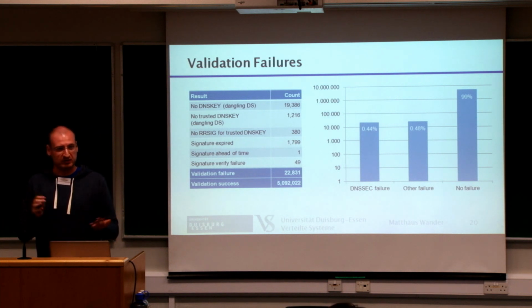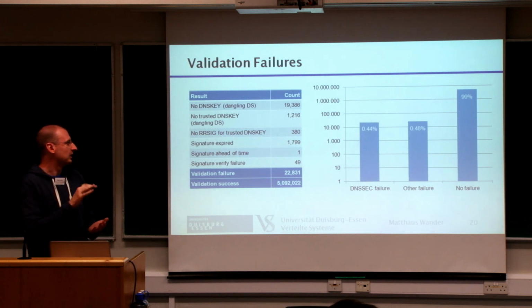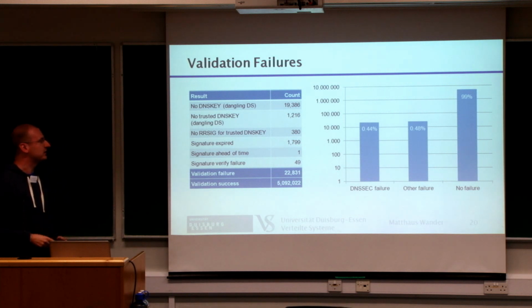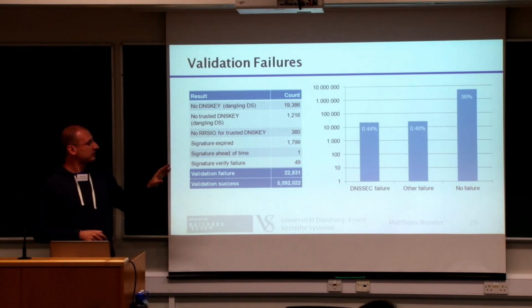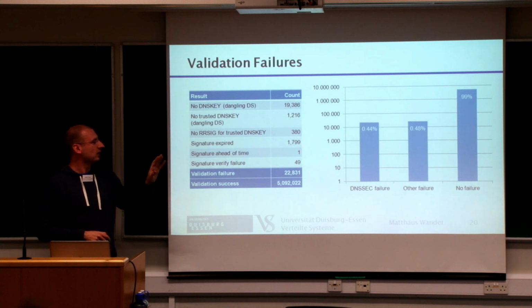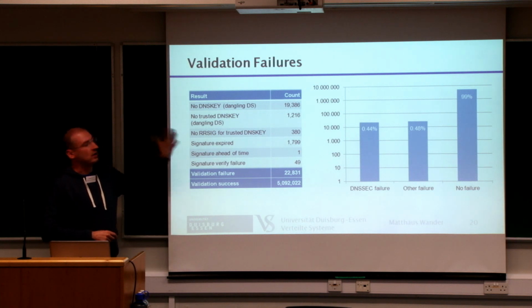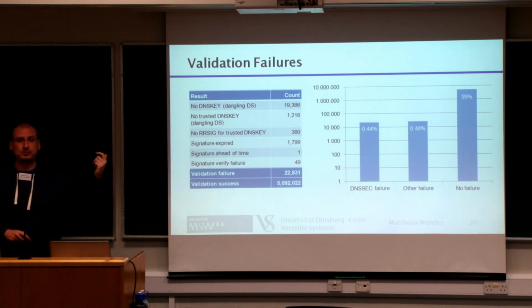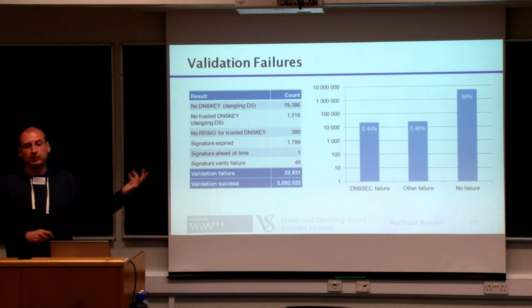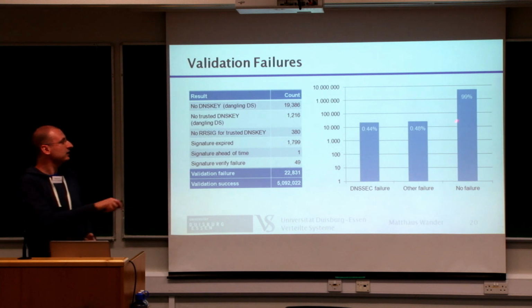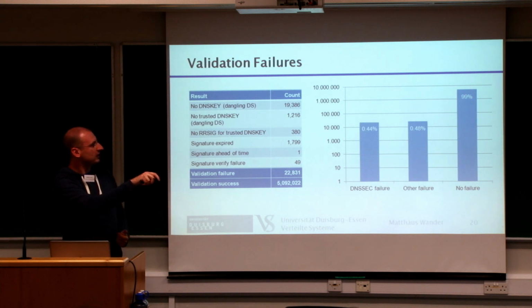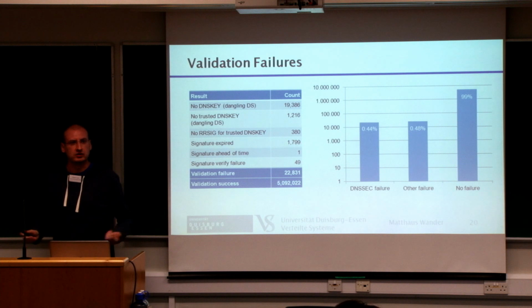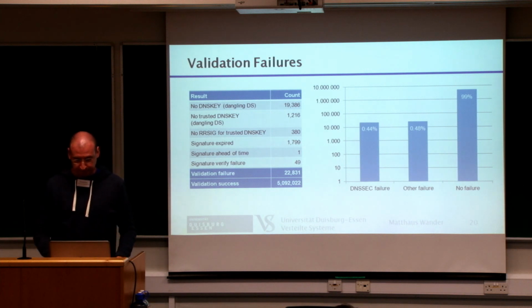Server bugs, responses were invalid, timeouts, whatever the reason is. So DNSSEC has been increasing the outages, but not excessively. It's comparable to the number of generic errors that you're getting anyway. And 99% of domains, this is a logarithmic scale here, 99% of domains have been working correctly, luckily.